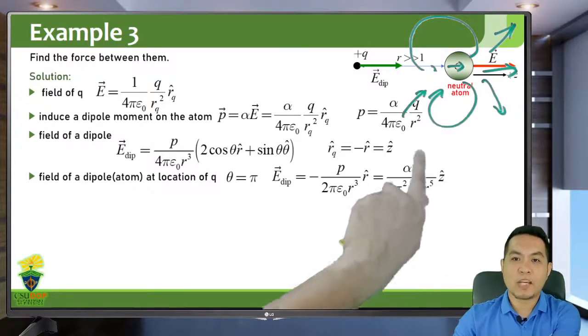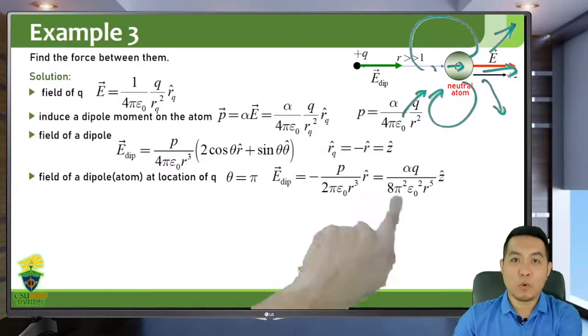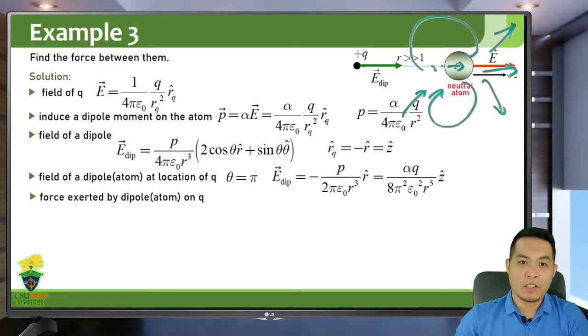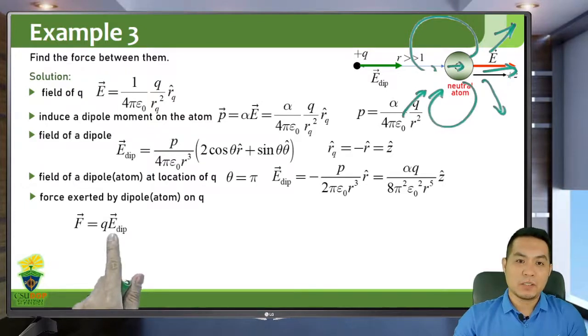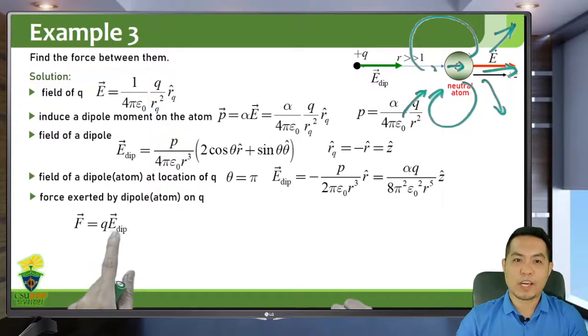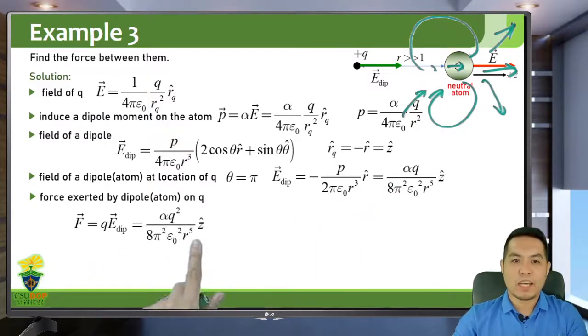So we now know the electric field of the dipole at the location of Q, and this electric field will exert a force on the point charge Q. So the force exerted is just Q times E, the external electric field and the point charge Q. So you just multiply this by Q.